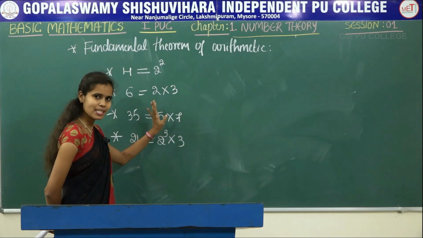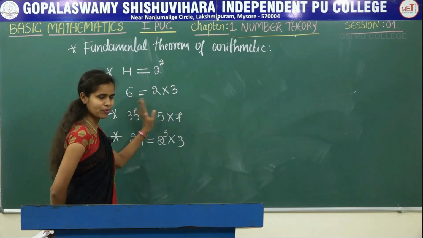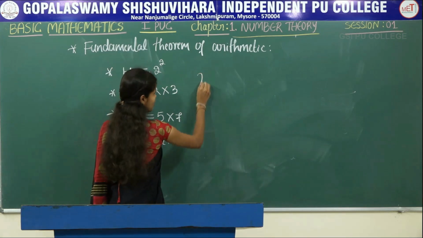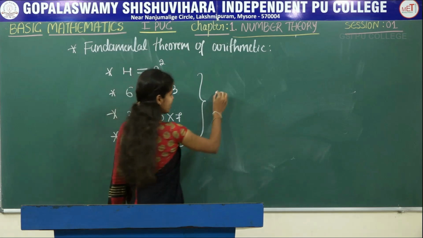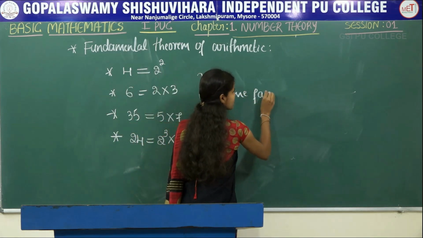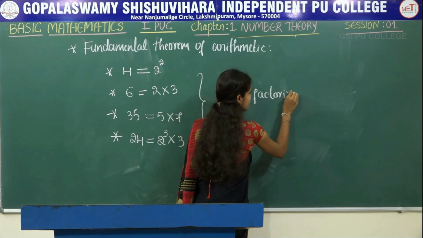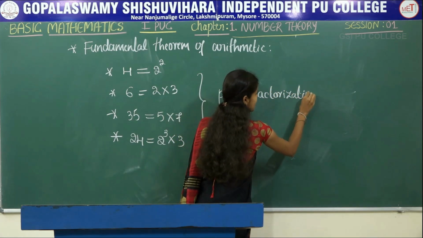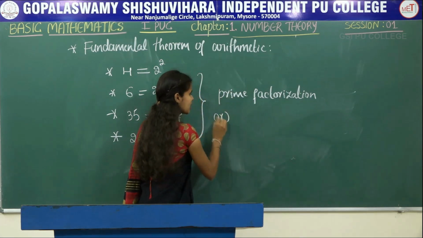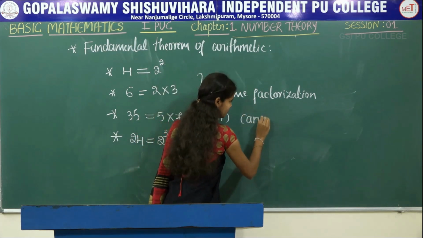This representation is unique, irrespective of the order of the numbers. It is also called the prime factorization theorem or canonical representation.